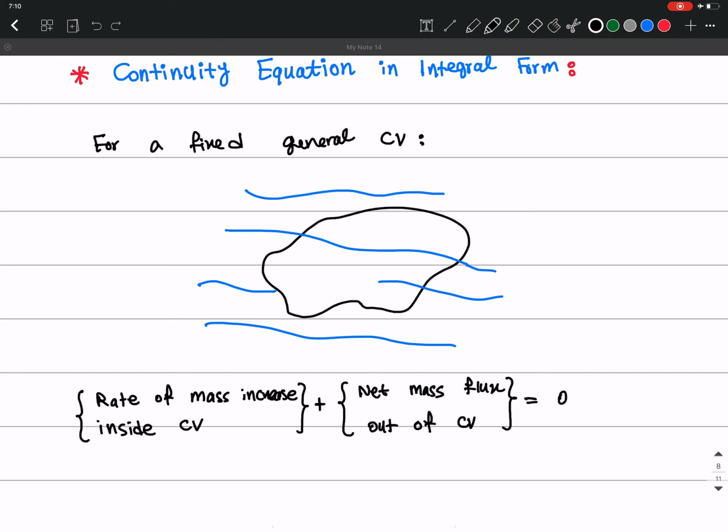And now we want to write this in terms of mathematical operations. So let's get started on that.